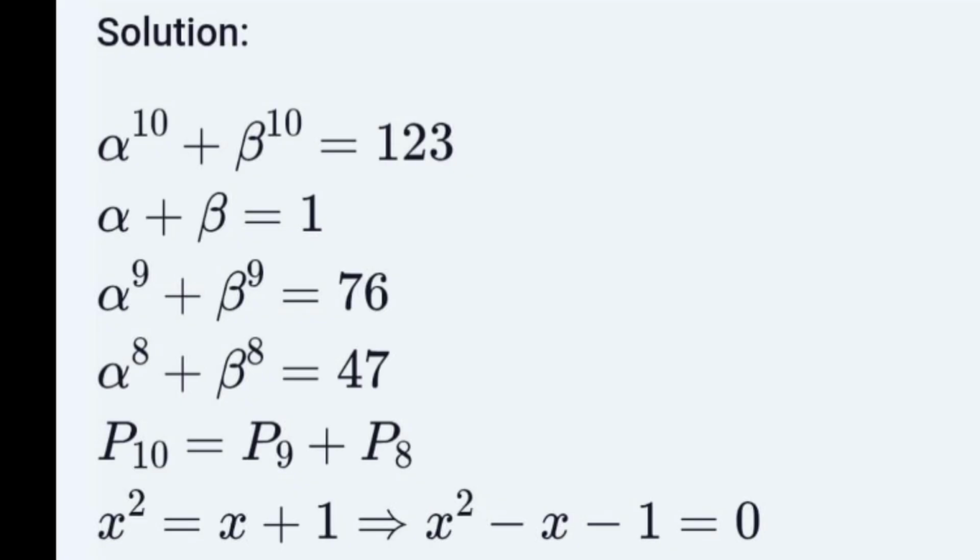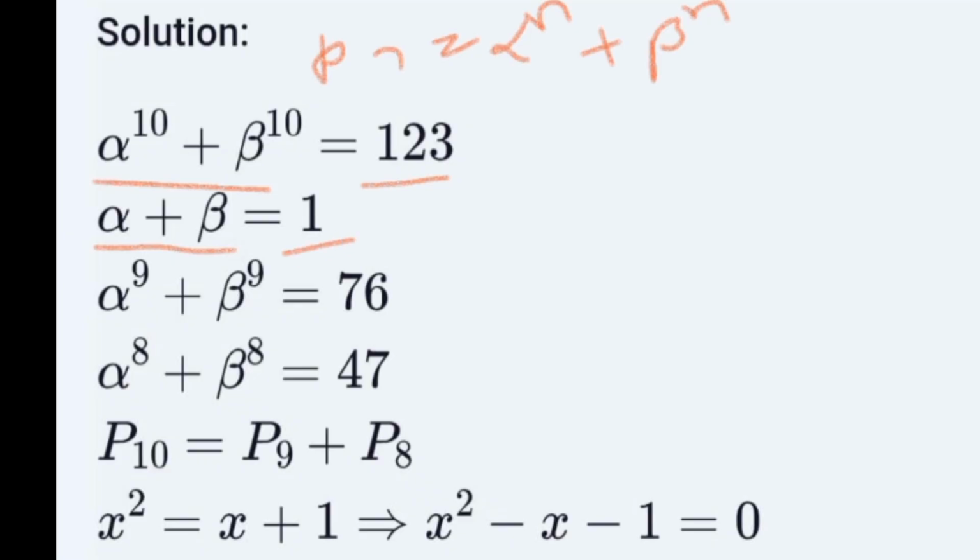Now here given P10 is equal to 123. We know that Pn is equal to alpha power n plus beta power n. So P10 is alpha power 10 plus beta power 10 is equal to 123. P1 means alpha plus beta is equal to 1. P9 is 76, so alpha power 9 plus beta power 9 is equal to 76.